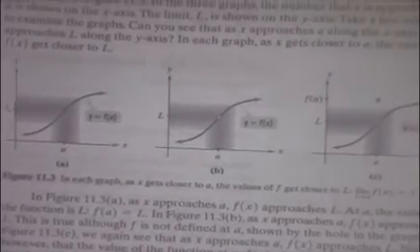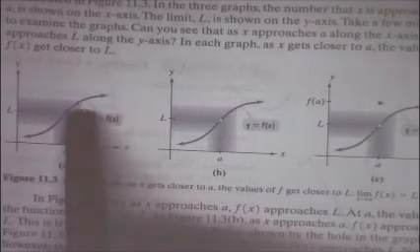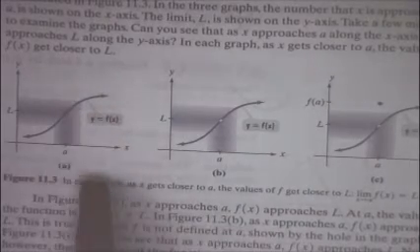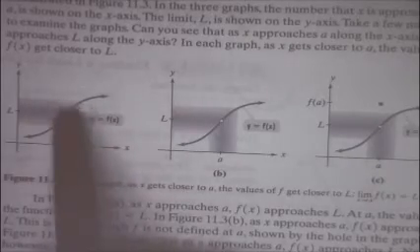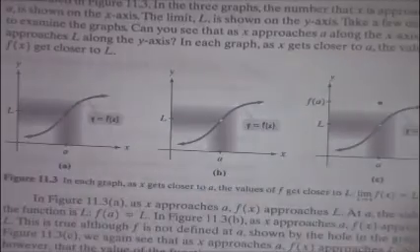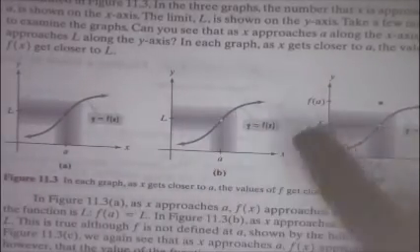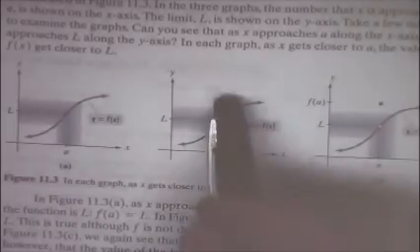So say the limit is 12, and if you put A into the function, you'll get a 12, no problem. Here, if you put the A in, you get undefined. You'd be dividing by 0.